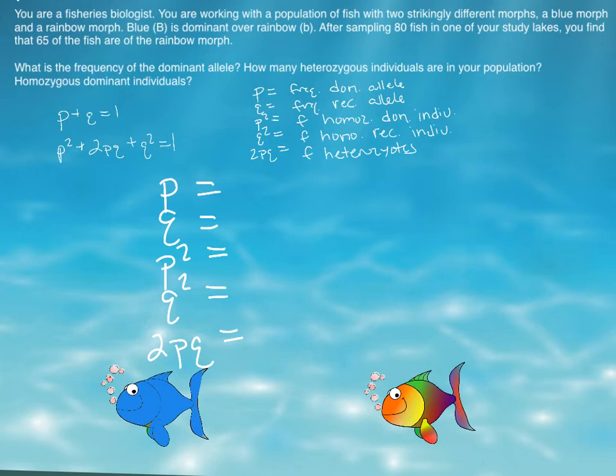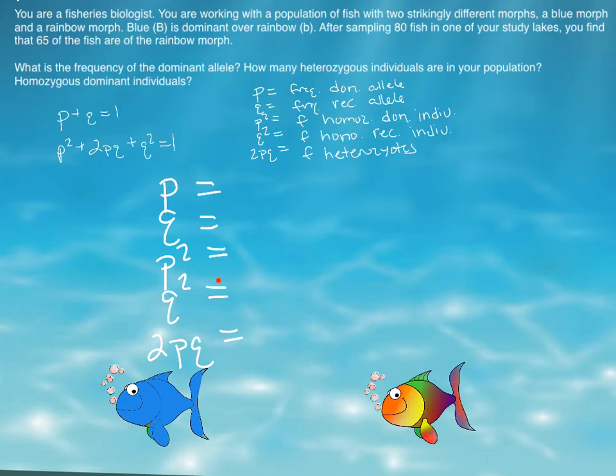So those rainbow morphs, we know from the problem, are recessive. So if we know that 65 of 80 are recessive, which of these pieces here do we know? So think about that for a second. You should come to the conclusion that the piece that we know is this guy right here, q squared.